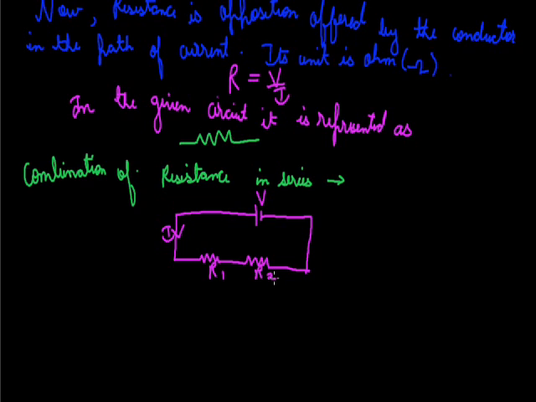In this figure, we have two resistors R1 and R2 which are connected in series. The current I is flowing in this circuit. In series combination, the current in the circuit always remains the same at all the points.